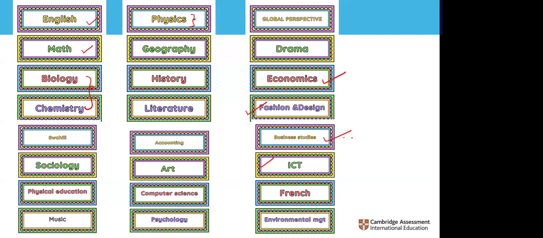So business math in our context here is more or less like what we have as entrepreneurship. Yes, then geography and environmental management, they're a bit related. Global perspective, drama here is more or less what we call performing arts, but for it, it is more, because children must act, must do other things.